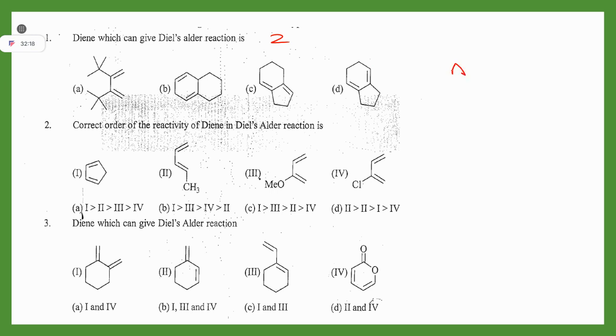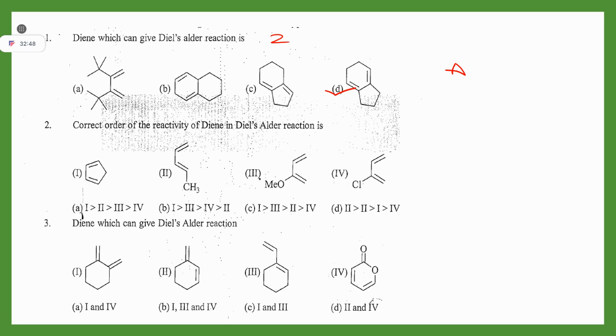Arjun, okay. I'm writing A. So, Arjun, tell me the answer with proper reason. Tell me which diene can give a Diels-Alder reaction. Option number D means the diene given in option D should react and give the Diels-Alder reaction. Okay, so Arjun is saying option number D is correct. Why are the other options wrong? What is the first condition for a diene?